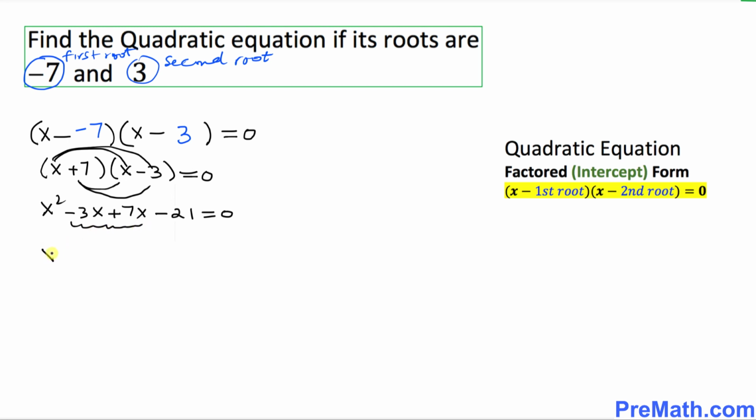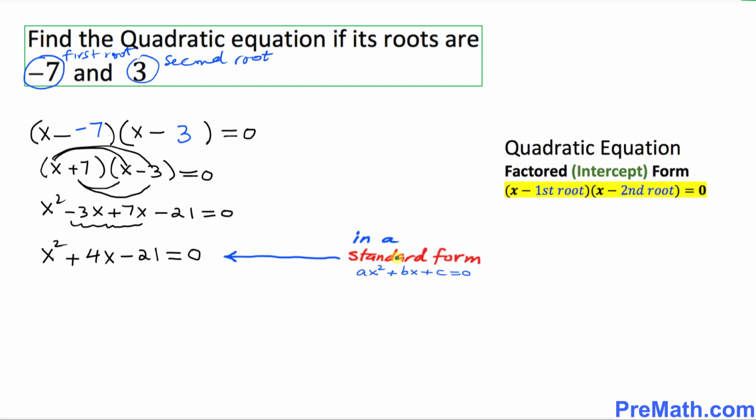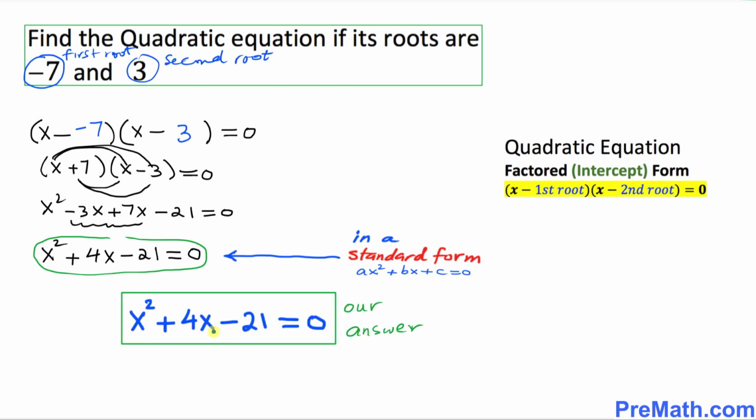So we simply get x squared plus 4x minus 21 equal to 0. Piece of cake. And that is in standard form, as you can see, and that is our answer. And I have nicely put my answer right up here.